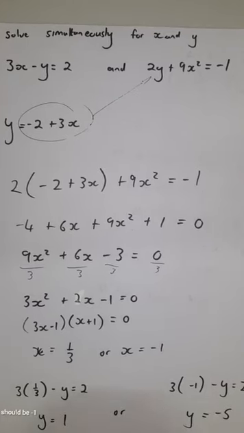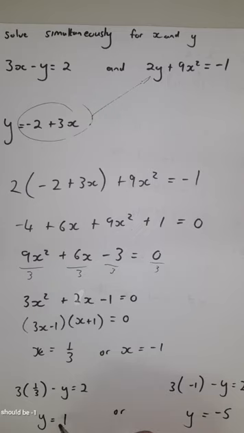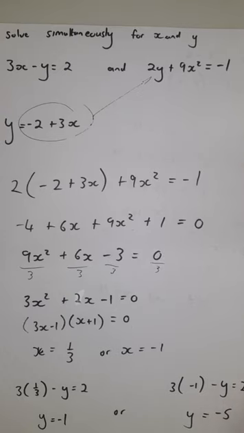Let's put it in. We have 1 over 3 and 1, or minus 1 and minus 5.